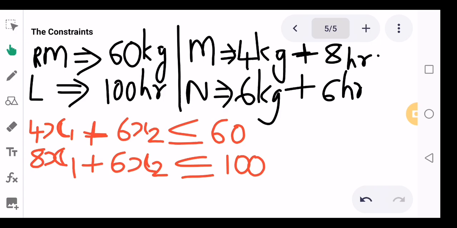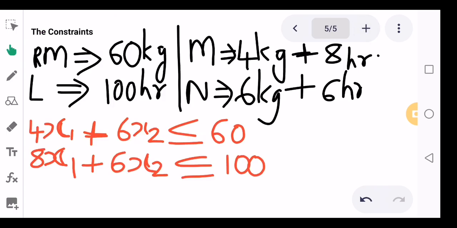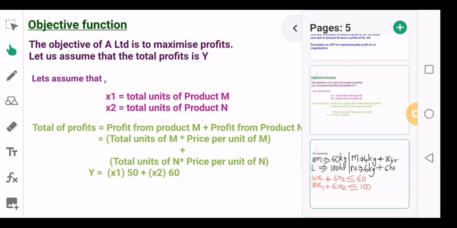Let me show the question. Producing a unit of product M requires 4 kg of raw material, while a unit of N requires 6 kg of raw material. So we require 4 kg of raw material for product M, and for product N it requires 6 kg. That's where this 4 and this 6 come from.